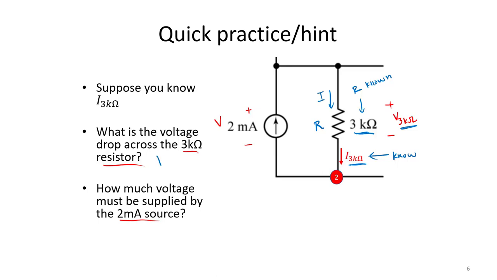Notice the voltage across our 3 kilo ohm resistor is just going to be our current times my resistance, which in this case is 3,000 ohms. Just make sure you multiply both amperes and ohms units so that your final result will be in volts.